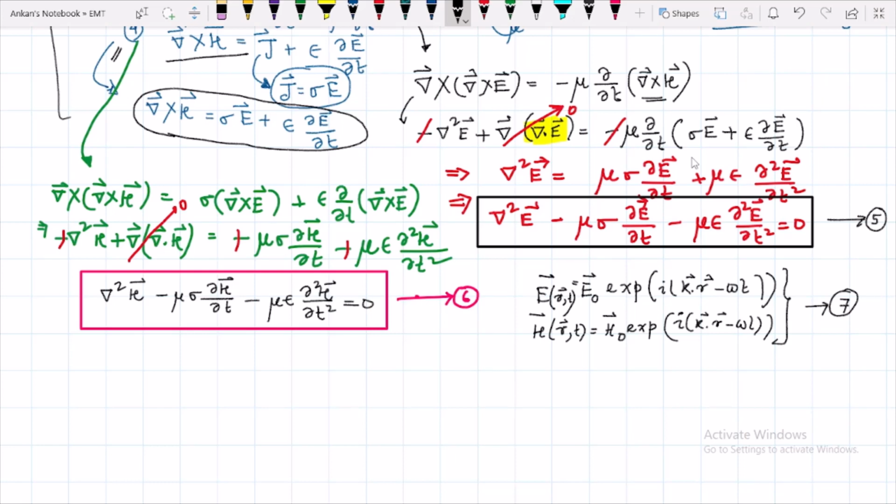Now by substituting these sets of solution 7 in 5 and 6, you will be able to obtain the result.